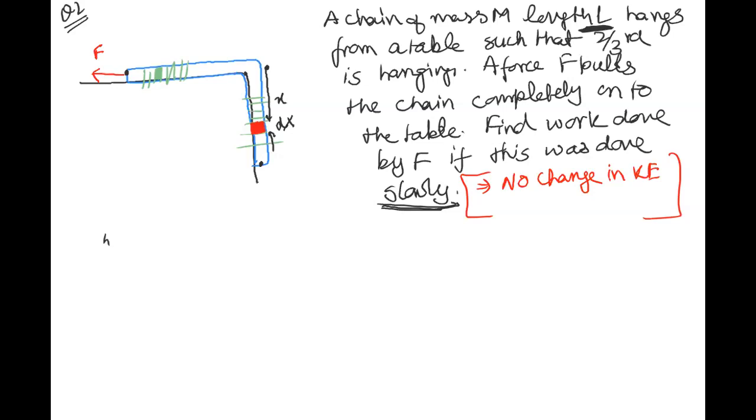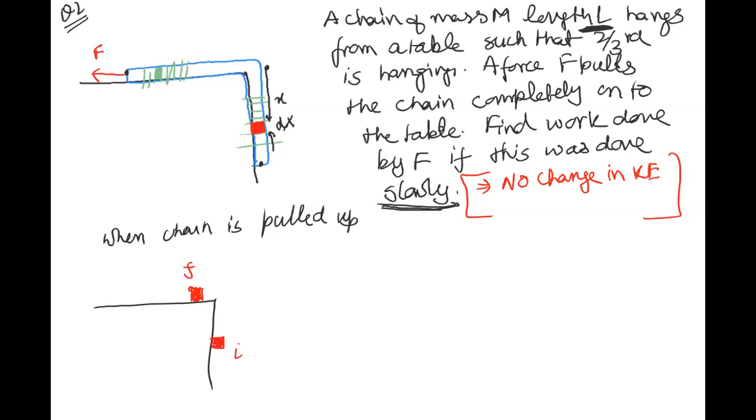So when the chain is pulled up, then just like Arjun, remember, मेरे को यहाँ दिखाई दे रहा है और फाइनली मेरे को यहाँ दिखाई देगा. ये इनिशियल है, ये फाइनल.